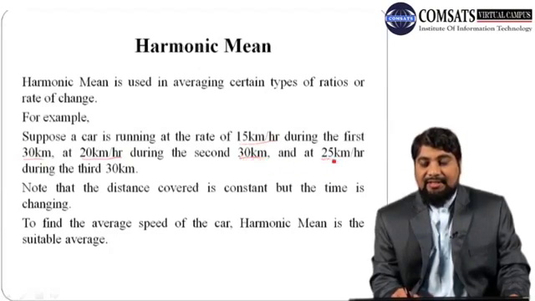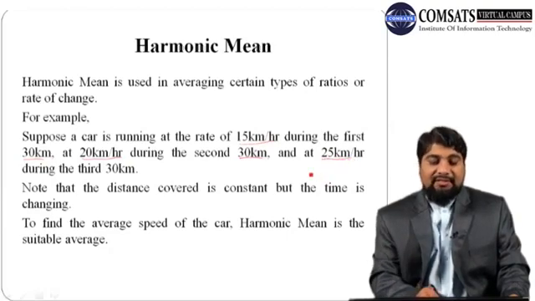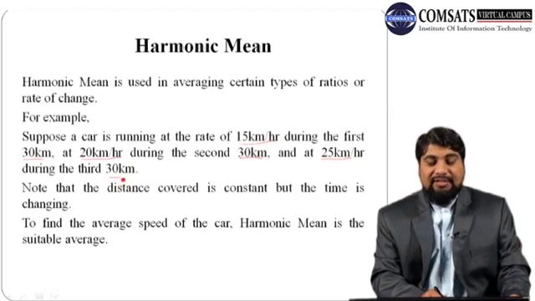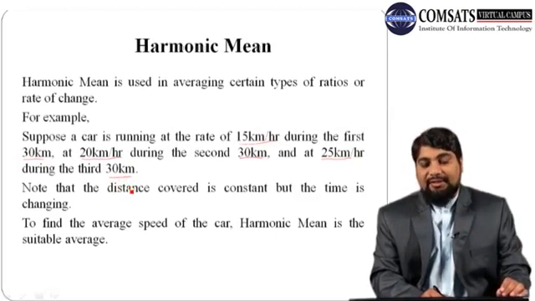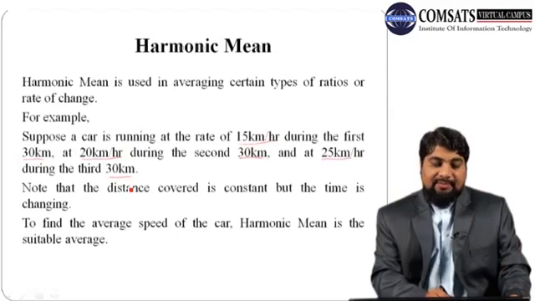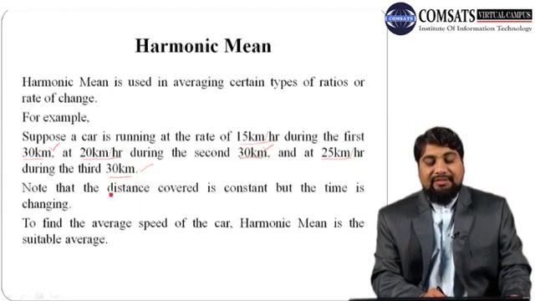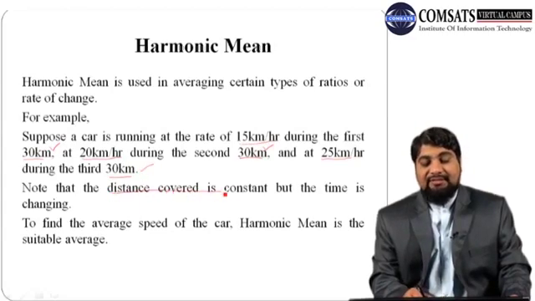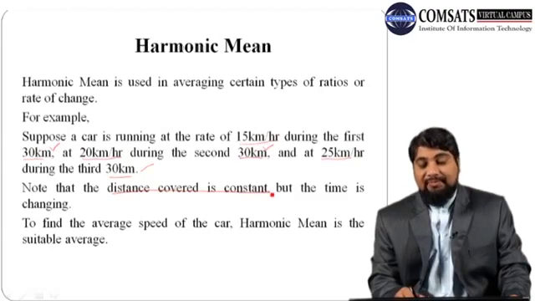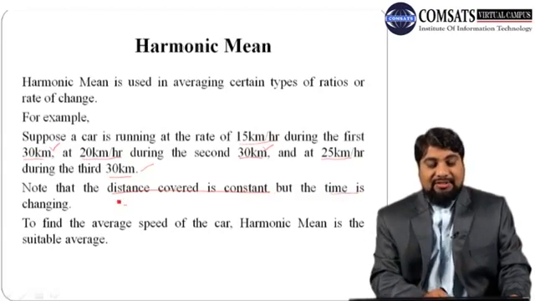And in the next case, we have the speed 25 km per hour and the distance is 30 km. The point to be noted is that the distance in each case is the same: 30 km, 30 km, 30 km. So distance covered is constant, but the time is changing.